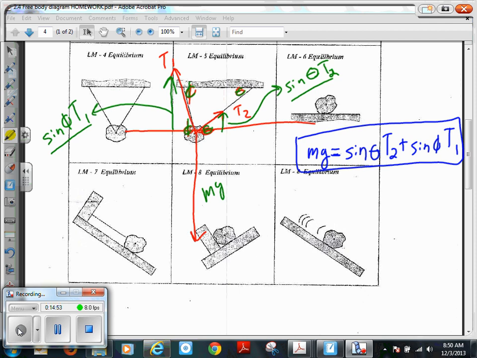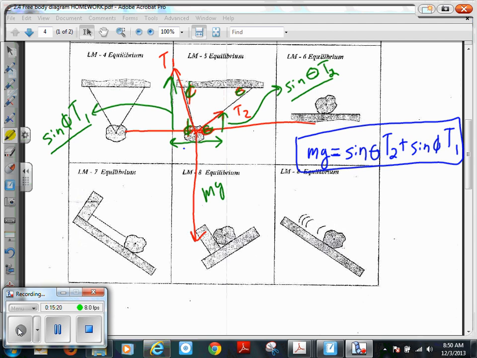So we have to write another descriptive formula. What else do we know about this? Well, we know that this part of T1 or T2 is equal to that part of T2. Do you agree? Otherwise, the thing would be accelerating left to right. So now we can write another formula here. Now this would be the cosine function of that angle, according to T1 and T2.